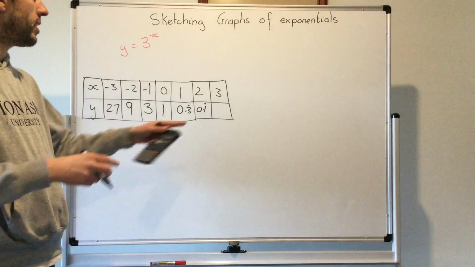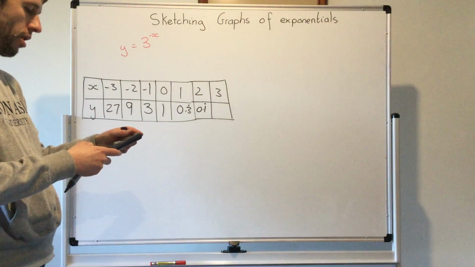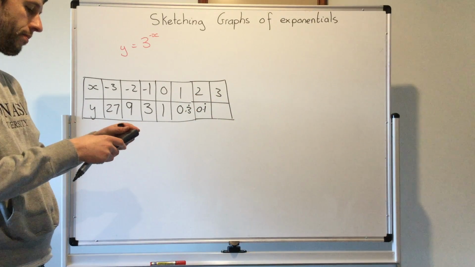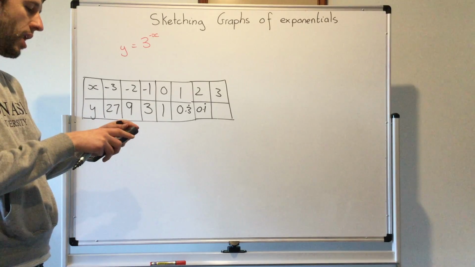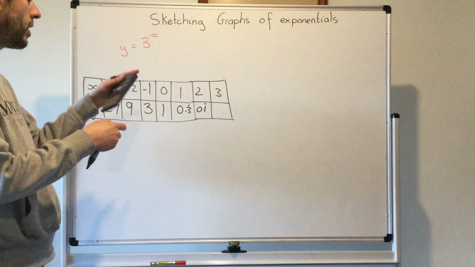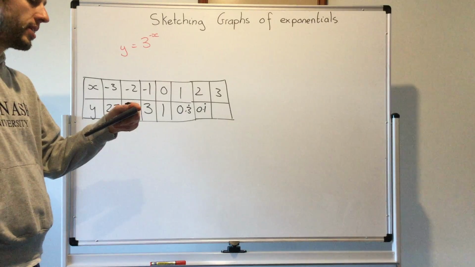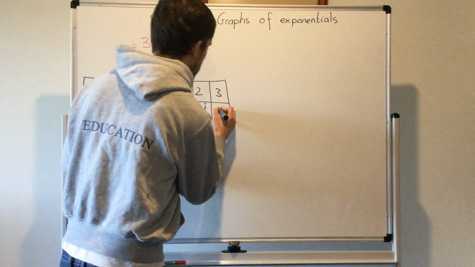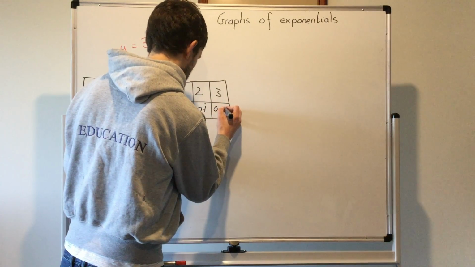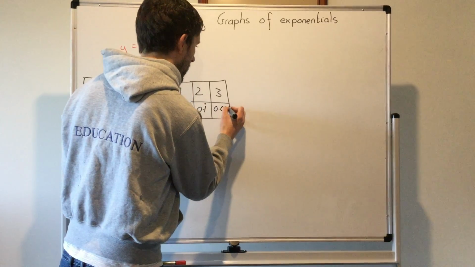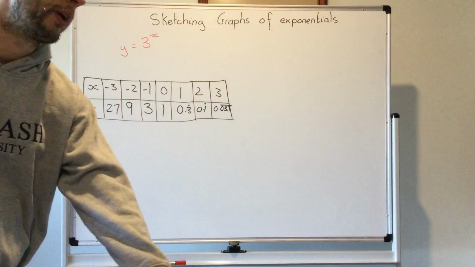And the last one we'll do is 3. So 3 to the power of -3, because we've got a negative next to the x, is 0.037, and that is reoccurring.